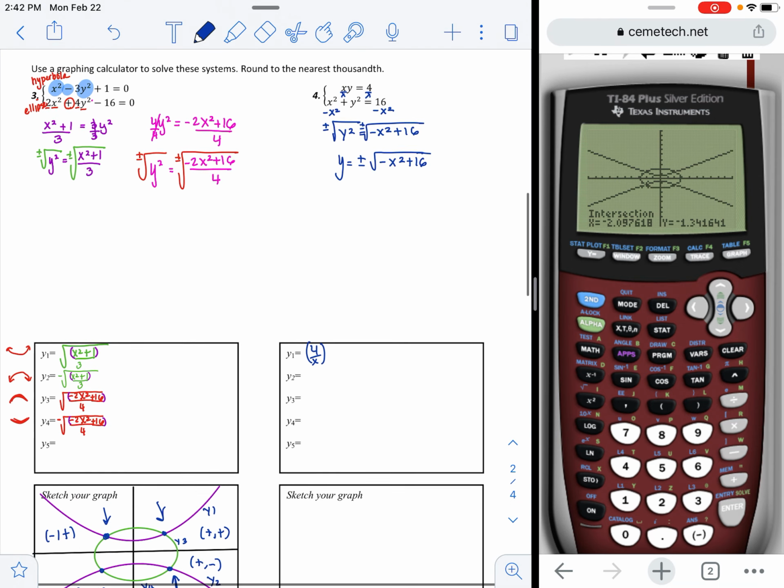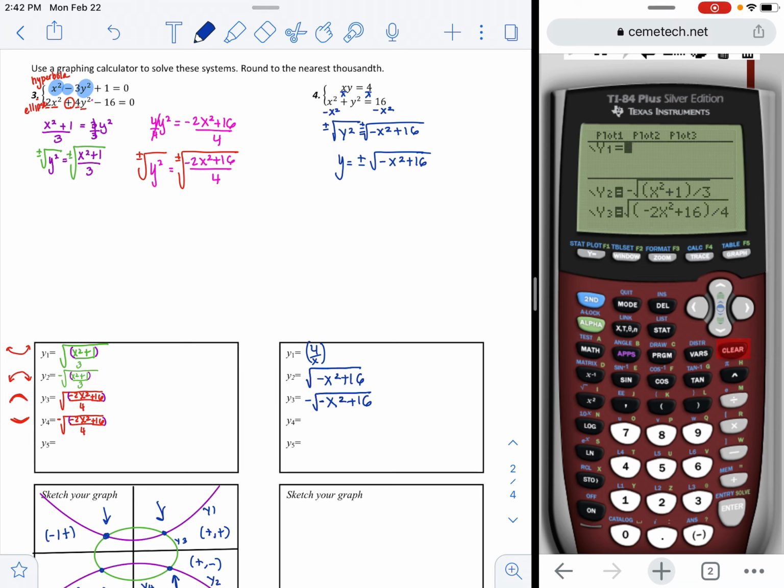So we have y equals plus or minus square root of negative x squared plus 16. So my other two are the square root of negative x squared plus 16 and the opposite of that, negative square root of negative x squared plus 16.